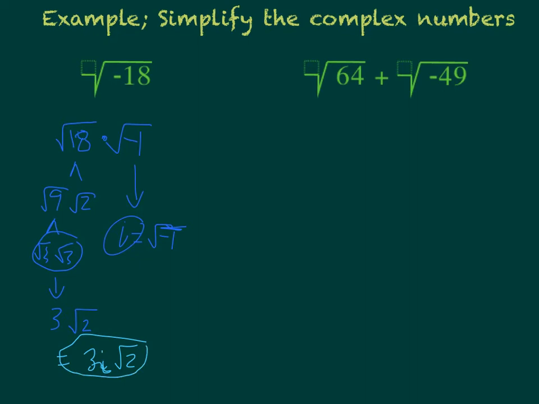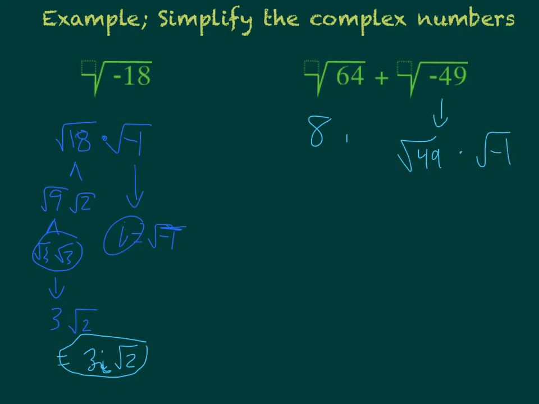And the next one. For this next one, we're going to solve the square root of 64 plus the square root of negative 49. So with this first one, it's easy enough because the square root of 64 is just 8. But the second one, we have the square root of negative 49. So that's going to become the square root of 49 times the square root of negative 1.